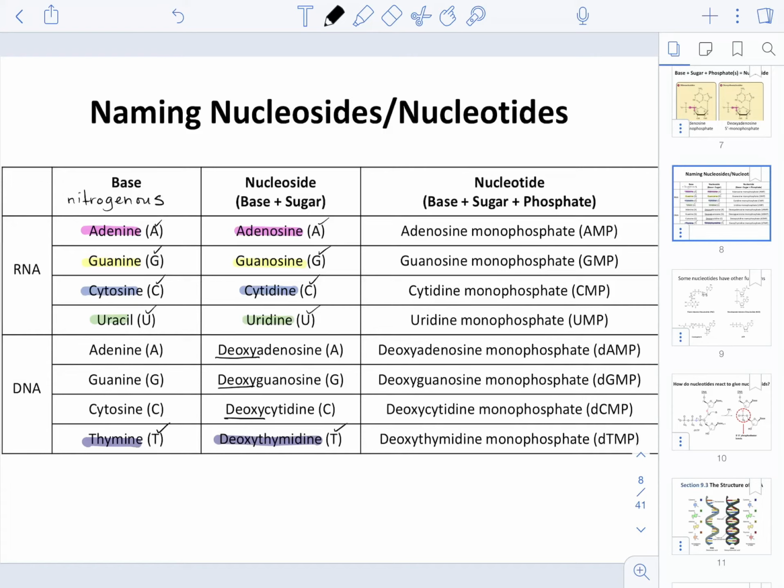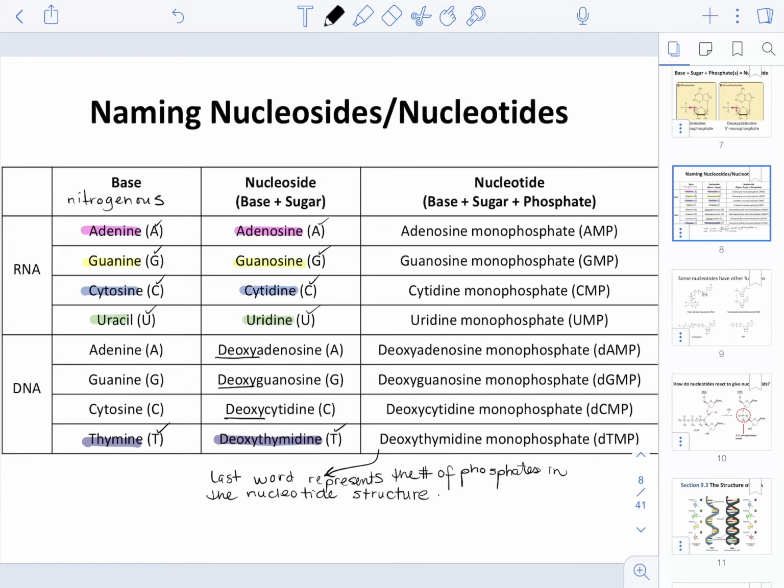So when it comes to the nucleotides, the last word represents the number of phosphates in the nucleotide structure.